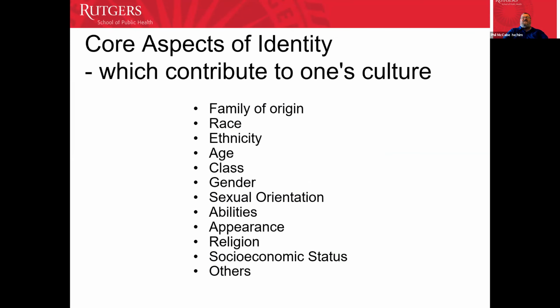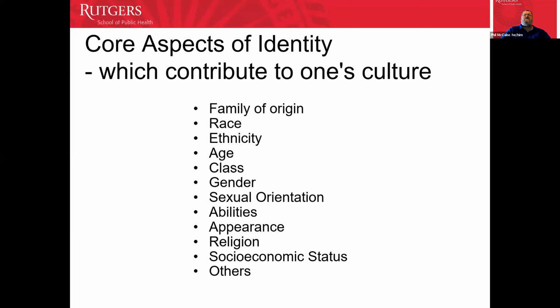So we all have aspects of our identity. This is just a range. These are some of what we refer to as the core aspects of our identity. Now, each individual, though, connects to these aspects at a different level. For some, our age may be most significant.